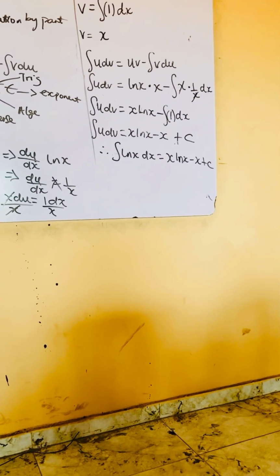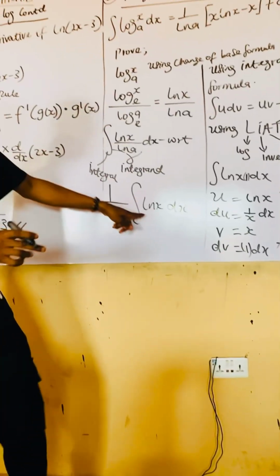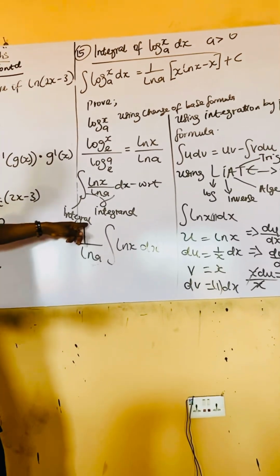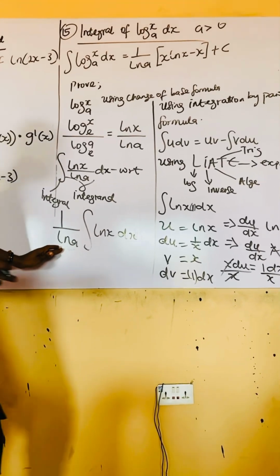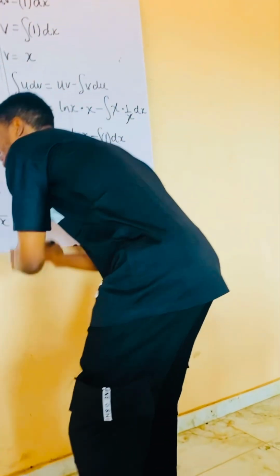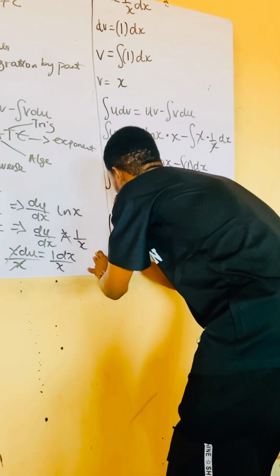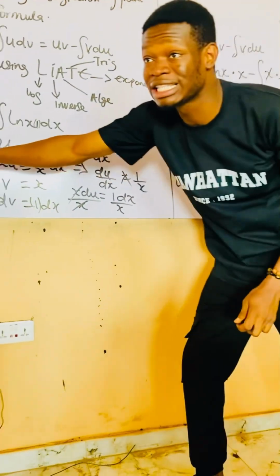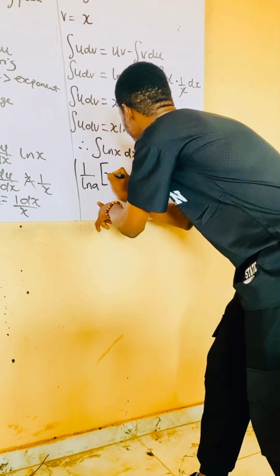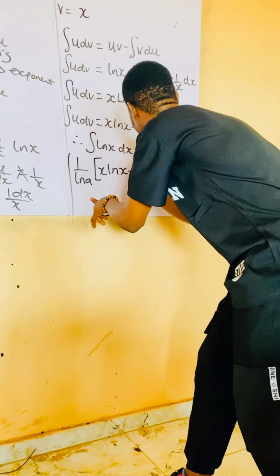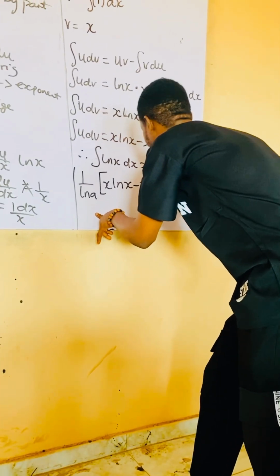Now, where is our main question? We are asked to see where we stop, right? We have 1 all over ln of a. We told this one to give us space, and now we are going to accommodate it. 1 all over ln of a, times the integral we have computed, x ln of x minus x plus our arbitrary constant.